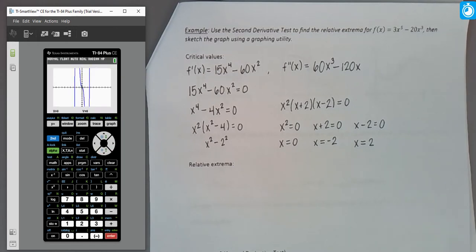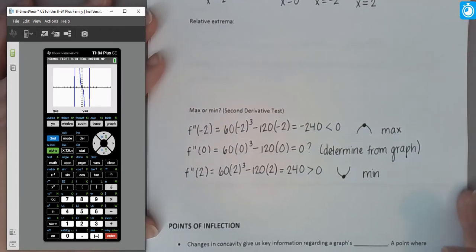So what's happening there at x equals 0? Well, we do have a horizontal tangent, which is why that value popped up as a critical value. But what can we say based on what we see from the graph? Notice it's sloped downward to the left of that point, but it's also sloped downward to the right of that point. So we're decreasing to the left, we're also decreasing to the right, which means that doesn't actually represent an extreme value.